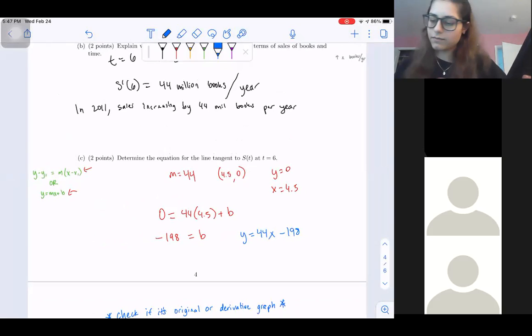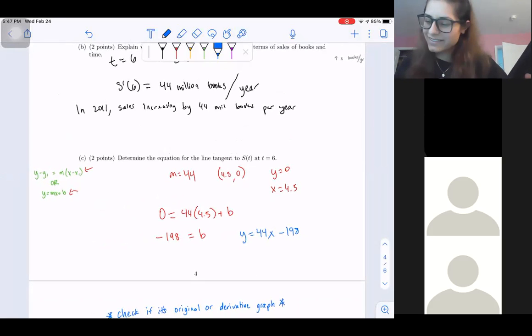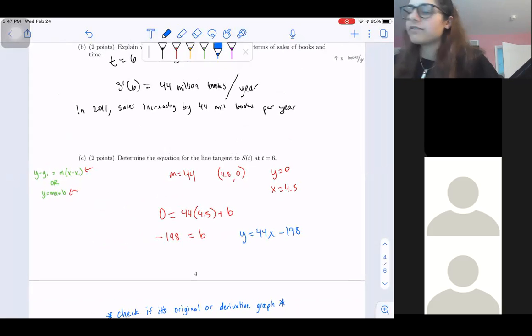Oh, 190. Okay. It's a little different from the answer key, but it's pretty close. In that case, they used the point 6, 75.